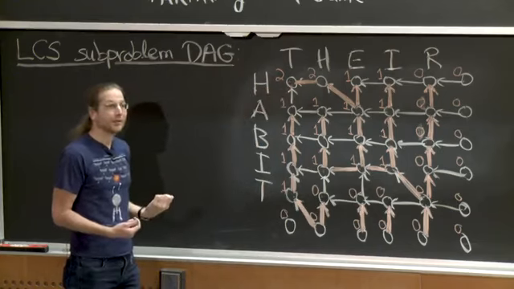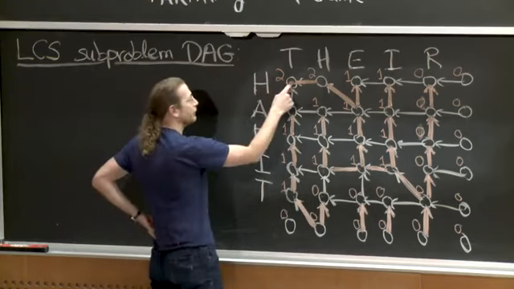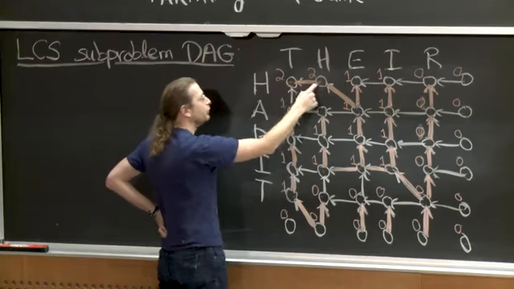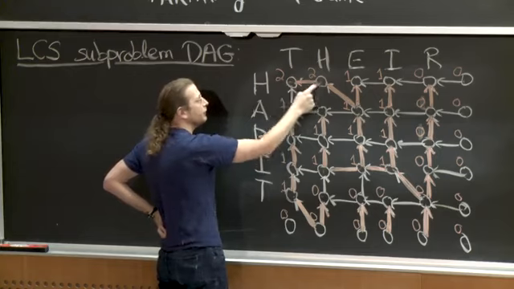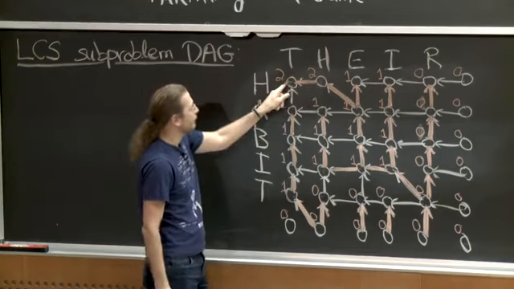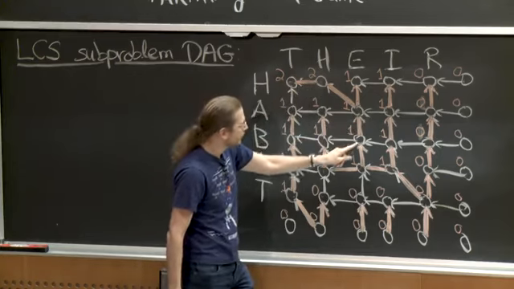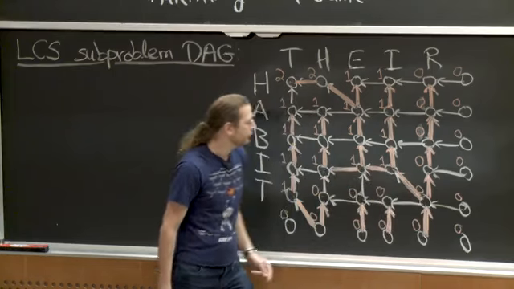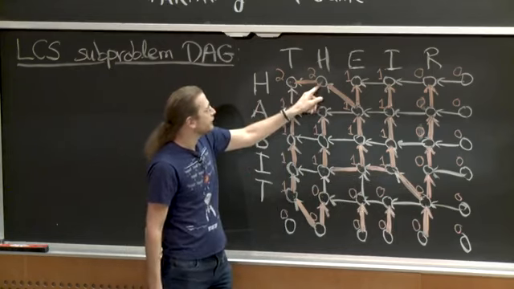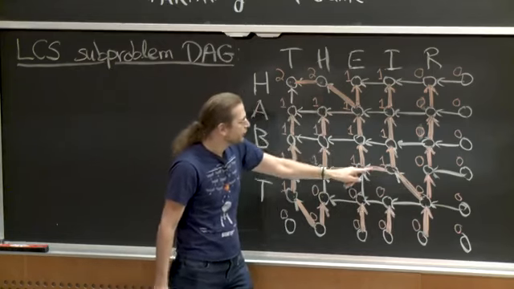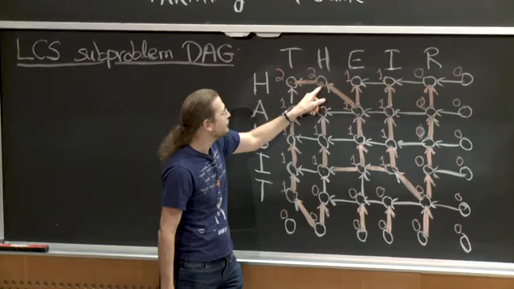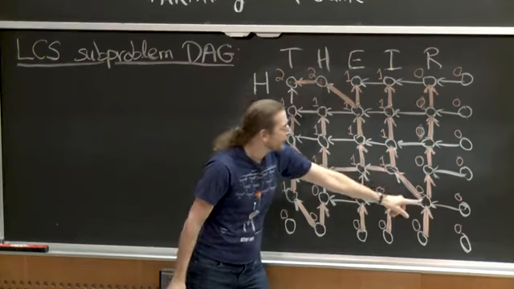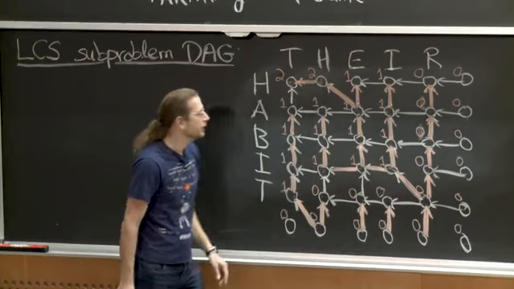And now if we pay attention to where we came from, for example, this vertex had to come from this direction. 2 is the max of 2 and 1. So I highlight the 2 edge. And if I follow this path, there should be a unique path to some base case. We don't know which one. And in this case, the diagonal edges correspond to my matching letters. So there's the H here, followed by the I here. And so hi is our longest common subsequence.